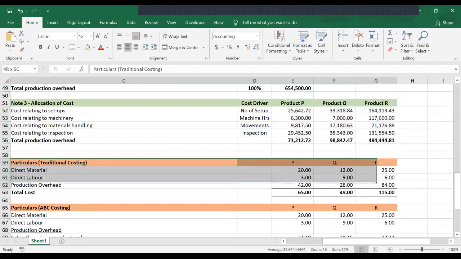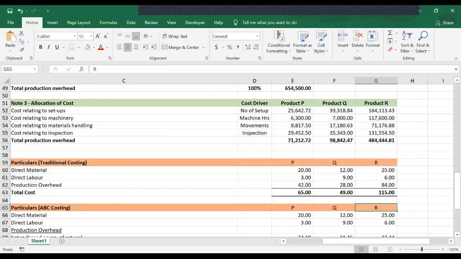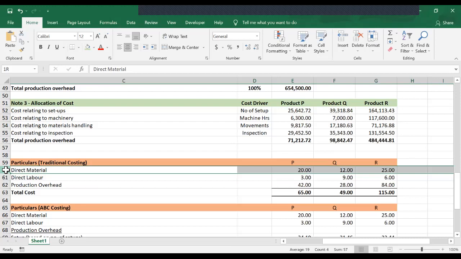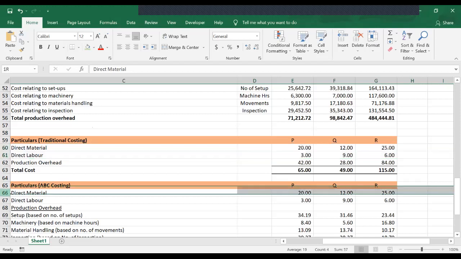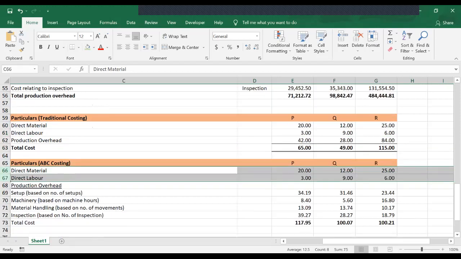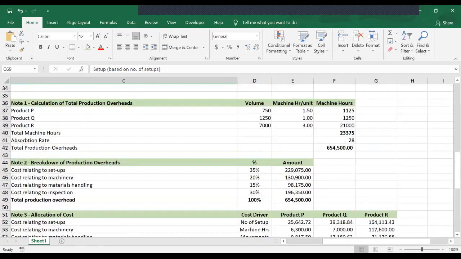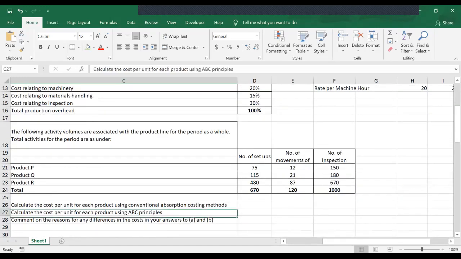We have already done the production part, the traditional costing part. Now direct material and direct labor are the same for ABC costing as well, so we can directly find this out. For the remaining part, the question has asked for the cost per unit of each product using ABC principles.